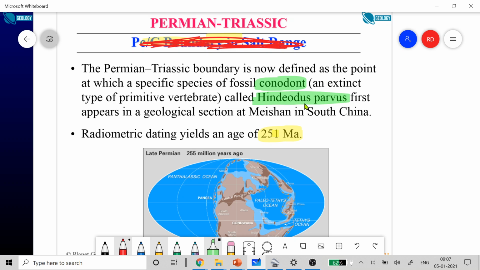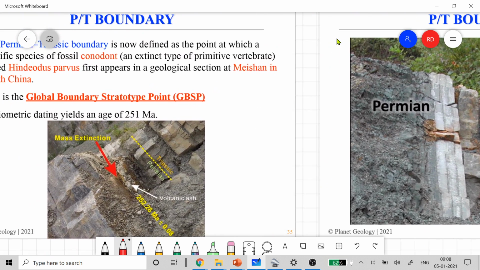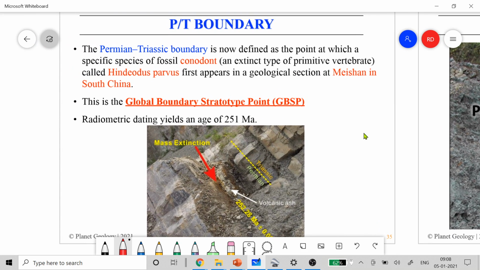So the first appearance of this conodont fossil is used to describe the Permian-Triassic boundary, and then radiometric dating yields an age of 251 million years ago. The appearance of this conodont species Hindeodus parvus is what is used to define the international Permian-Triassic boundary.